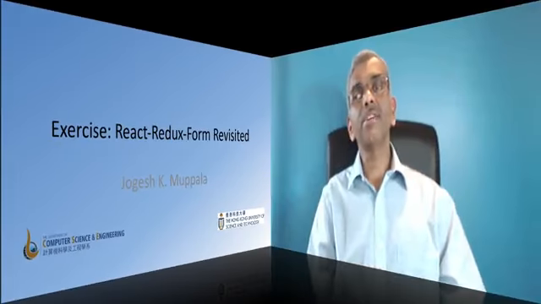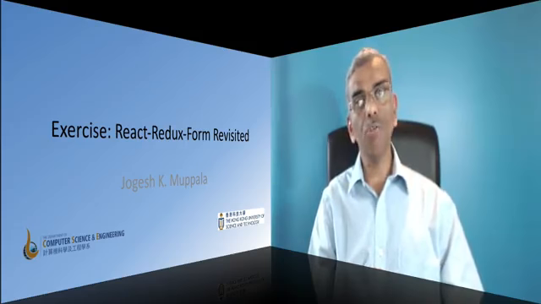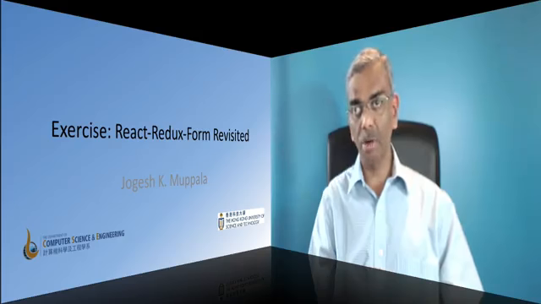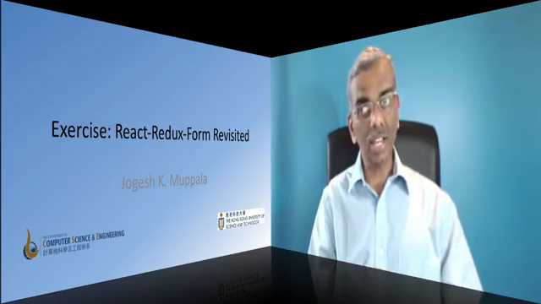In the React Redux form lesson in the previous module, we had introduced you to the React Redux form package, and we saw how we can make use of the local form to create a React Redux form in our application. And then we saw that the state is mapped into the local state of the component.